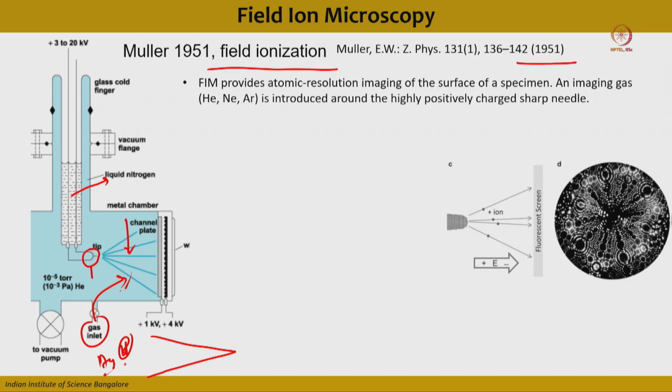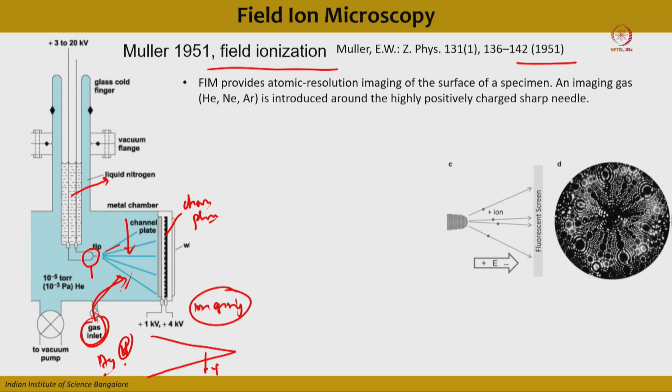When you apply a very high positive voltage to the tip, and this is the channel plate for the detection, what will happen if you apply a very high voltage between the channel plate and the atom probe tip? There will be a high field ionization of the gas which is injected, which is called the imaging gas.